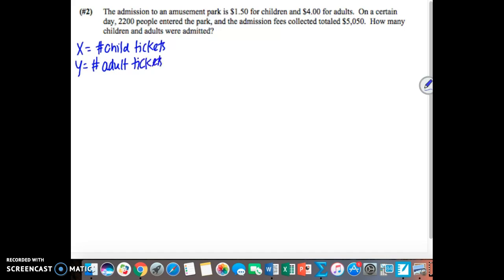So since we're dealing with people and we're dealing with money, we're going to have an equation for money, and we'll have an equation for people, so the number equation.